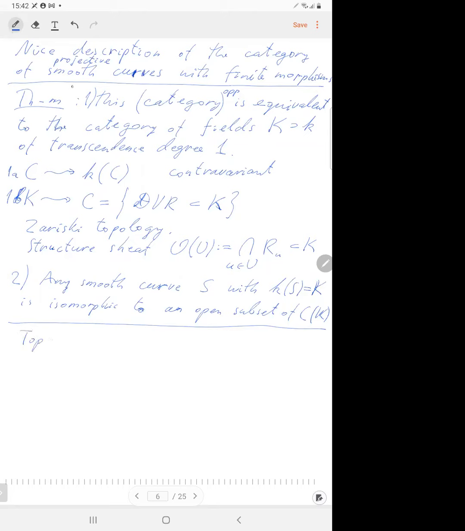Topologically, if our field K equals the complex numbers, the smooth projective curves are the same as Riemann surfaces.